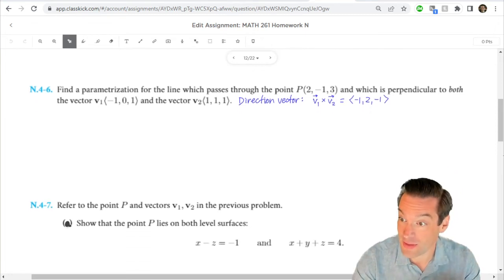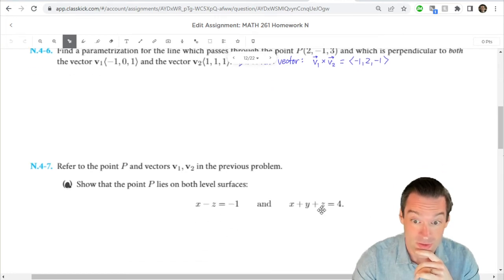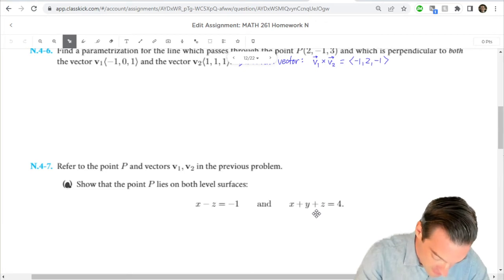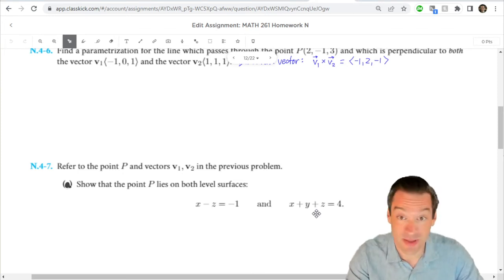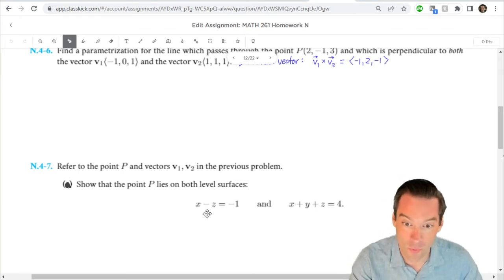It's not an accident that these vectors that you were given in question 6 turn out to be normal vectors to these planes. How can we tell that, by the way? What was the recipe or the shortcut that we learned when we talked about planes yesterday? How do we spot what a normal vector to each of these two planes would be?